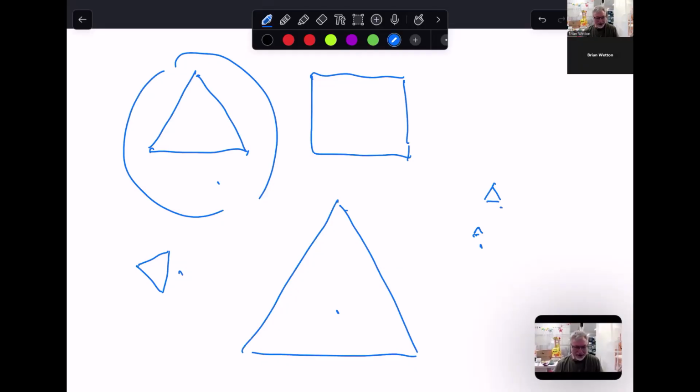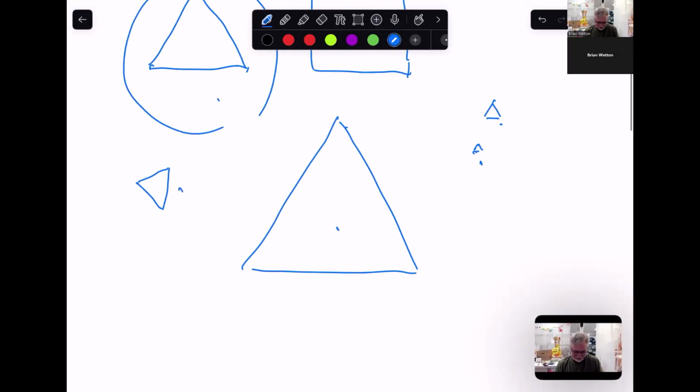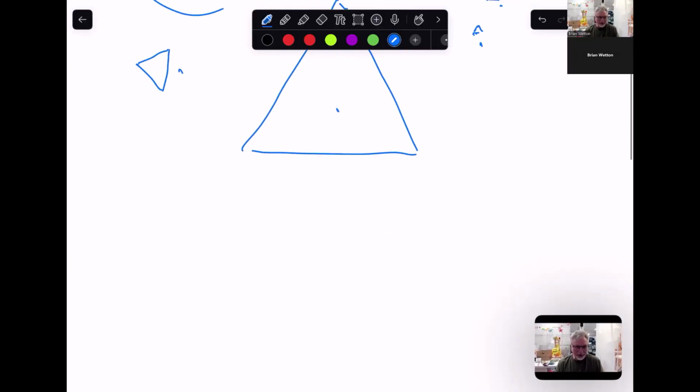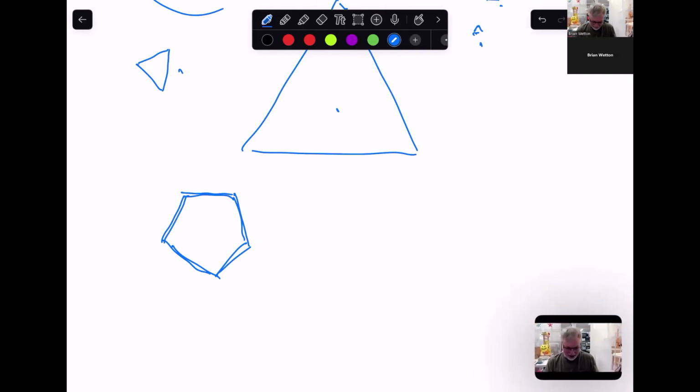And once you say it's a regular polygon with the number of sides, then you've determined the shape uniquely. And you're quite familiar with the small number of side polygons. Well, we've got the triangle and the square already, right? There's the 5-sided one, the pentagon.